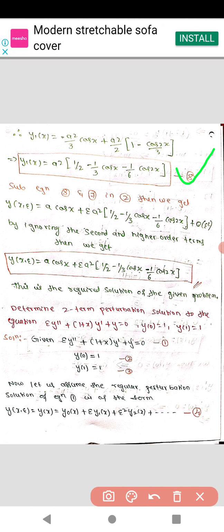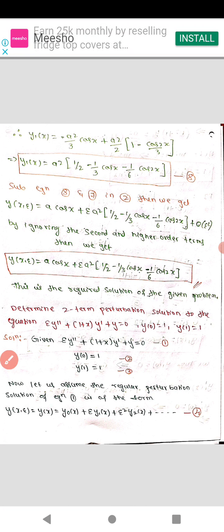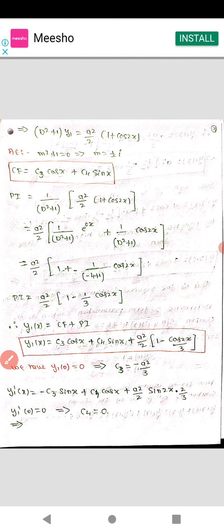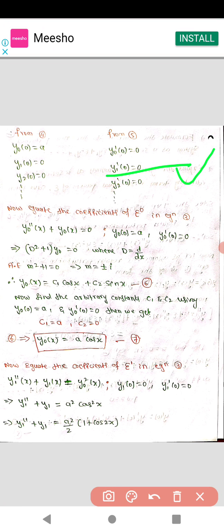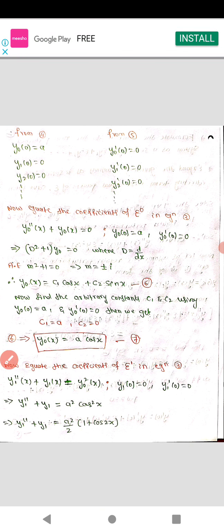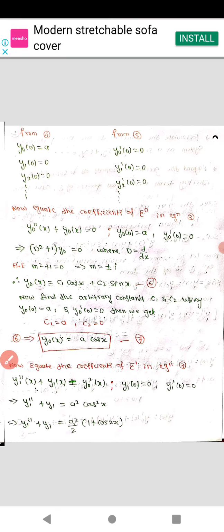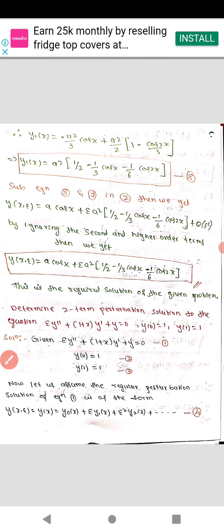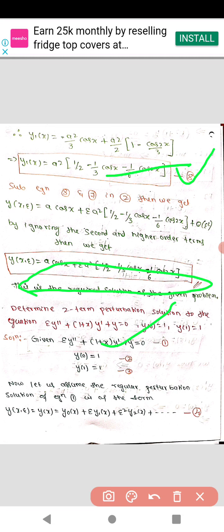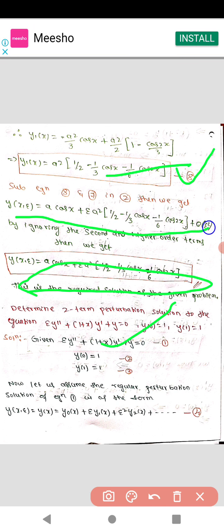Now substitute equation 8 and equation 7 in equation 2, and we get the final solution.